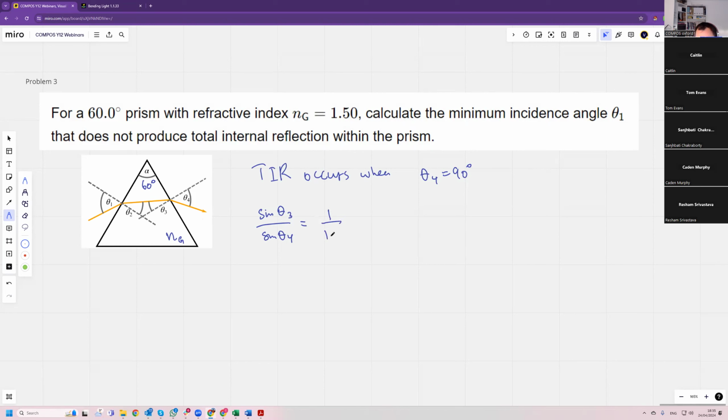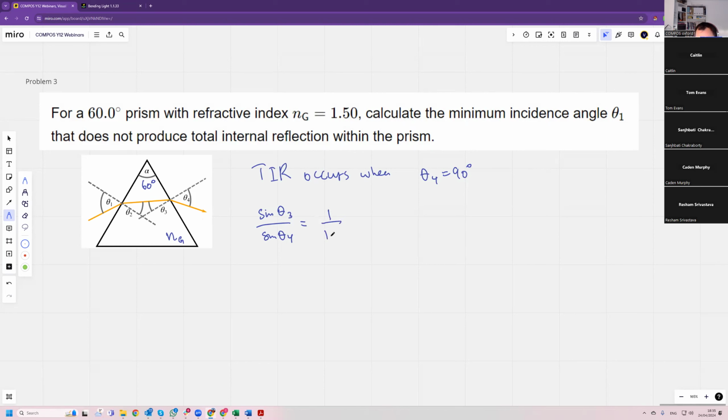So, okay, now I need to find a link between theta 2 and theta 3. What can I do here? Well, this is theta 3, and this is 90 degrees, which means that this angle is 90 minus theta 3. This angle is theta 2, and this is 90 degrees, which means that this angle is 90 minus theta 2.